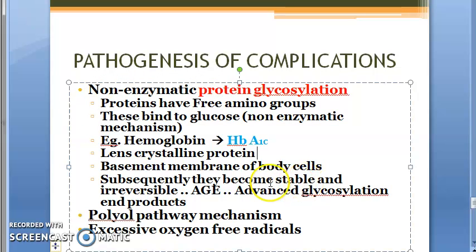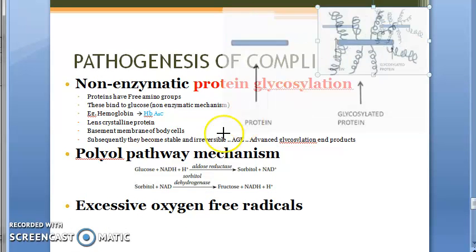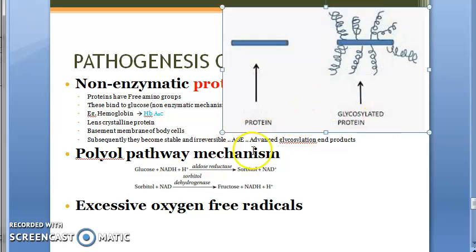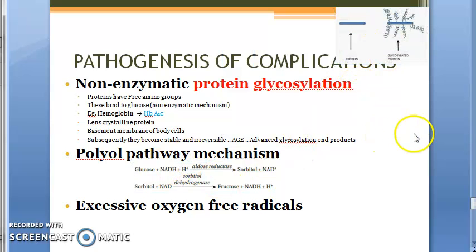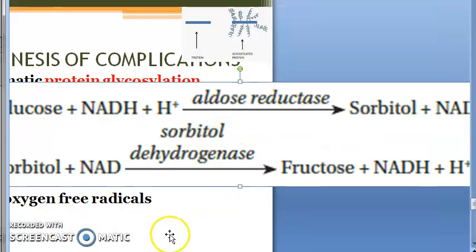Non-enzymatic protein glycosylation. The next thing we want to cover is the polyol pathway mechanism. Till now we saw that the protein becomes a glycosylated protein. Now the polyol pathway mechanism, look at this.